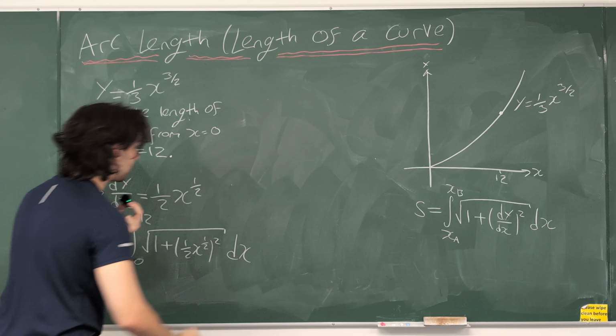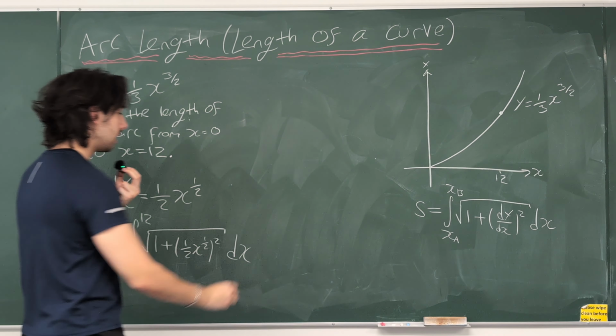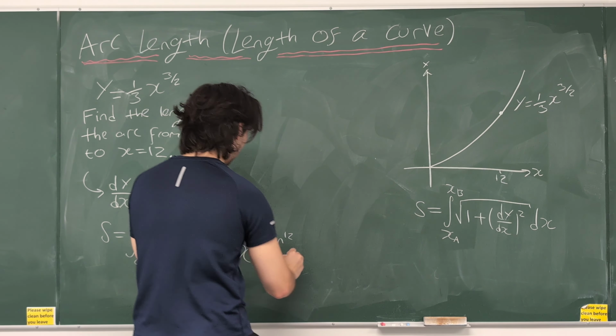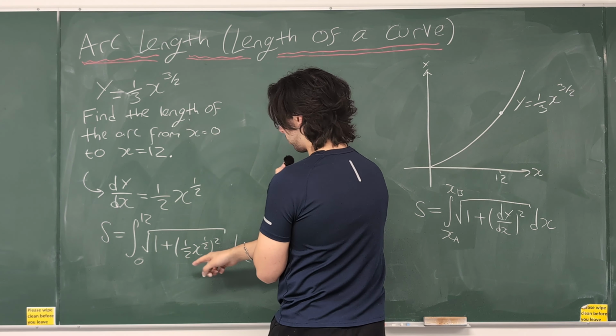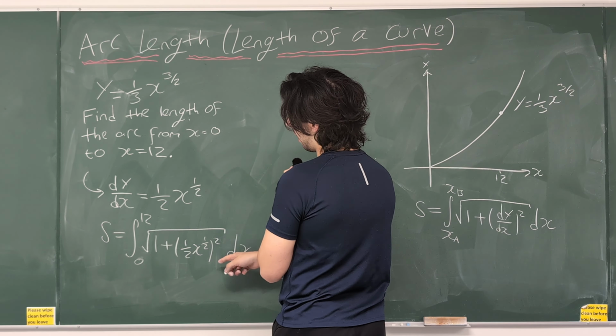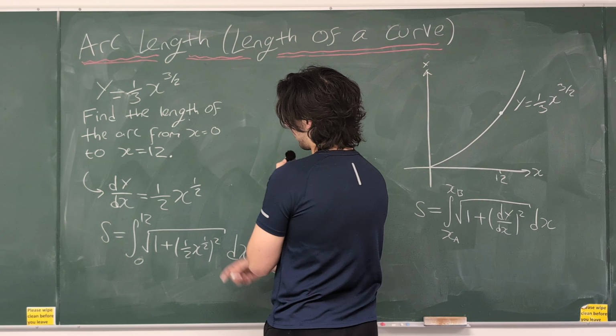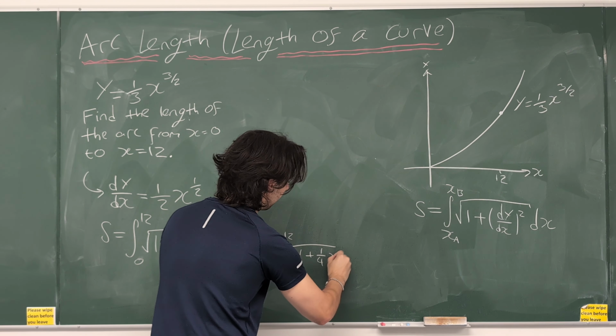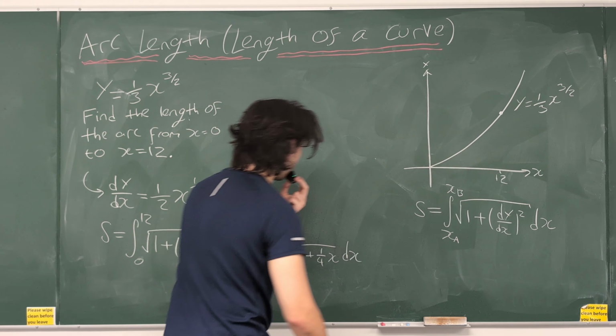If we do this integral, that's going to give us the answer. So this is equal to the integral from 0 to 12 of the square root of 1 plus, and then x to the half squared is just x to the 1, but then we have a half squared, that's going to give us a quarter. So it's 1 plus a quarter x dx there.